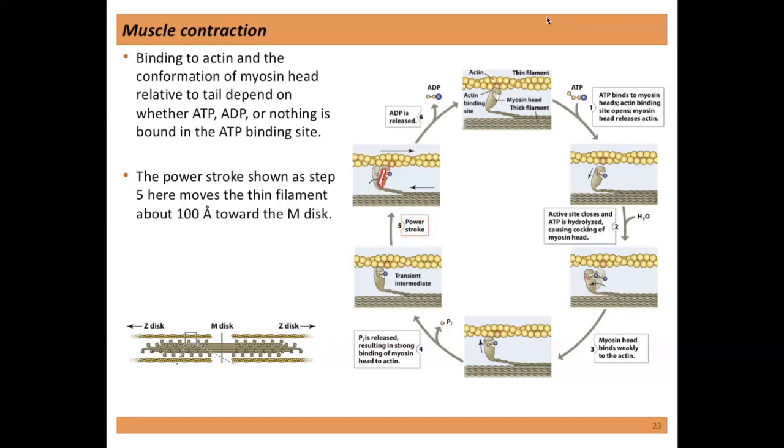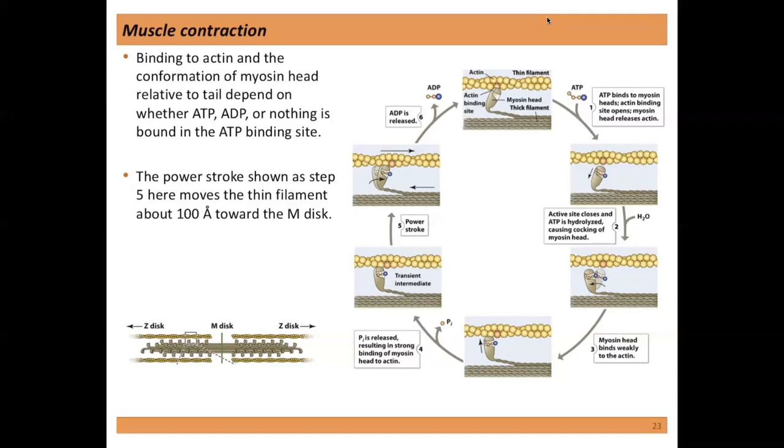So now that head releases, pulls the actin fiber, and then the ADP is released. Remember that the myosin actin interaction is kind of weak, and then the ATP makes it even weaker, and then you get recocking of the head group, hydrolysis of the ATP that causes binding and movement of the head group, and then release and a weak interaction that gets weaker as the ATP binds, and you can continue the cycle.